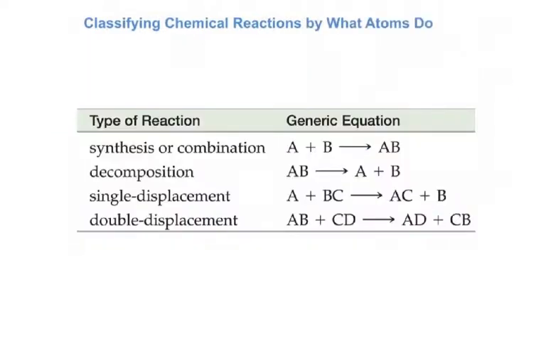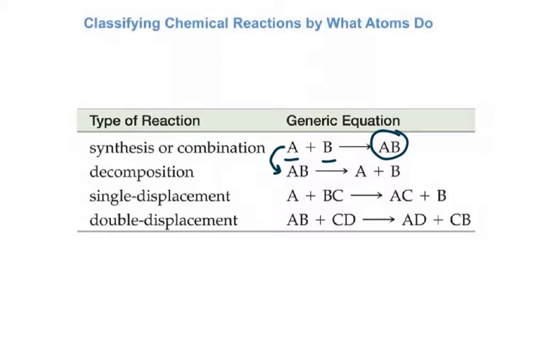All right, so here's a brief summary. In a synthesis, also known as combination, notice that the reactants are combining and forming one product. So there's only one product. Everything comes together. If you flip a combination reaction, the opposite is called a decomposition.